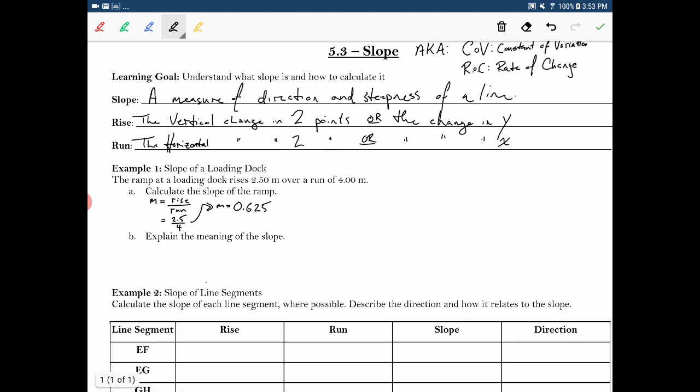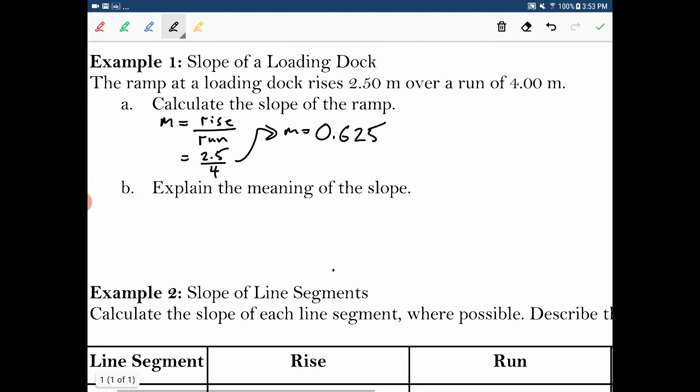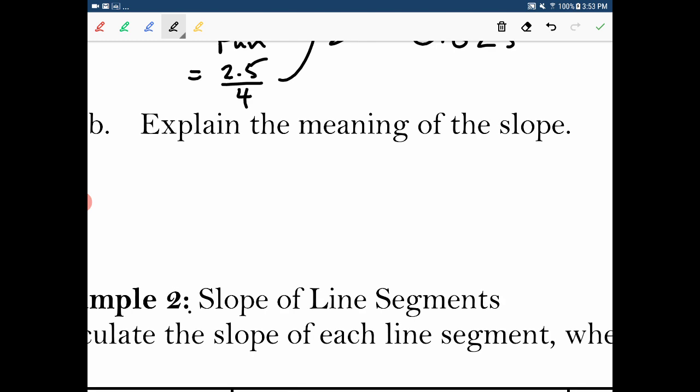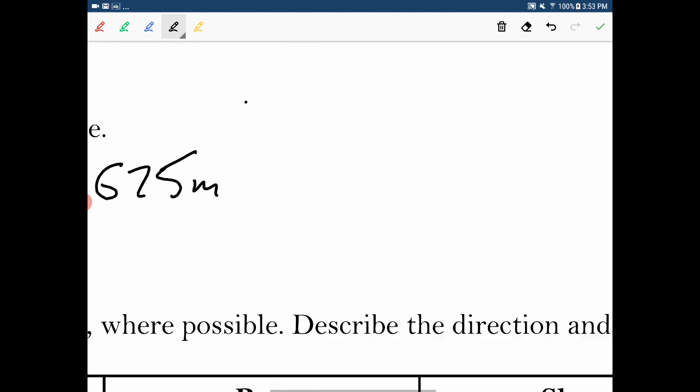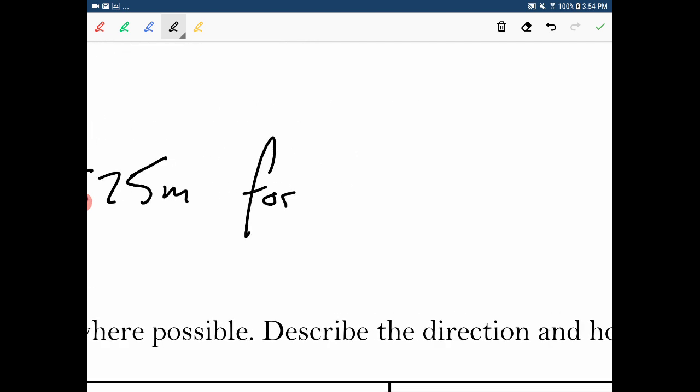So, what does that mean? The ramp rises 0.625 meters for every 1 meter of run.